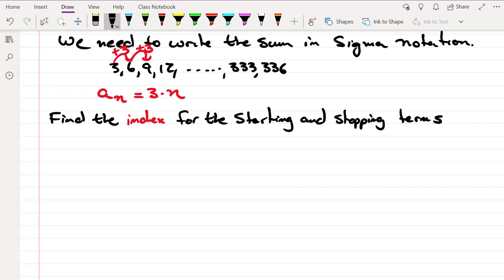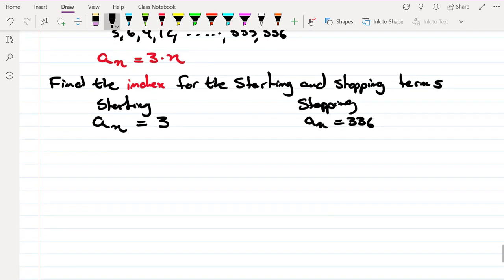All right, so we take our starting term, we need to solve a sub n equals the first term, which is 3, and our stopping occurs when we make it to the last term. We need to solve a sub n equals 336. So a sub n is 3n, so that gives us the equation 3n equals 3.